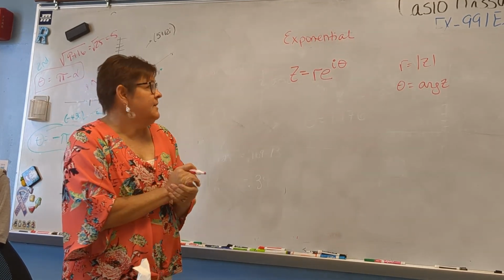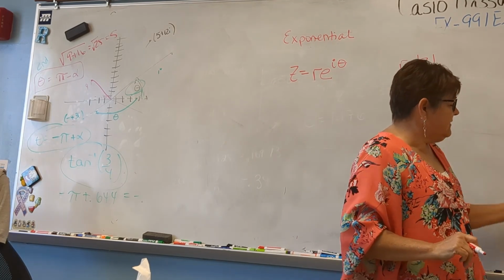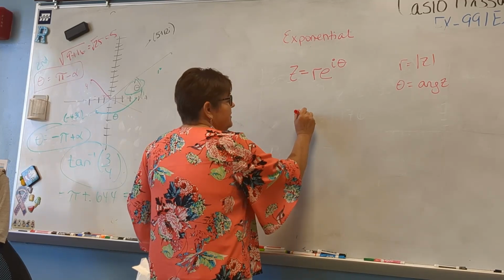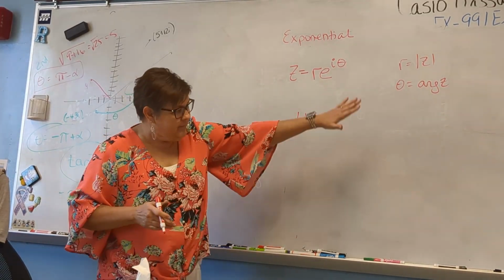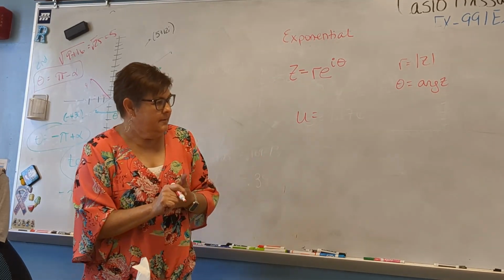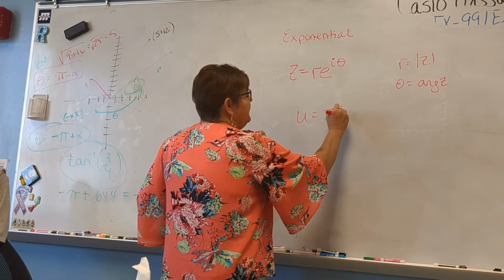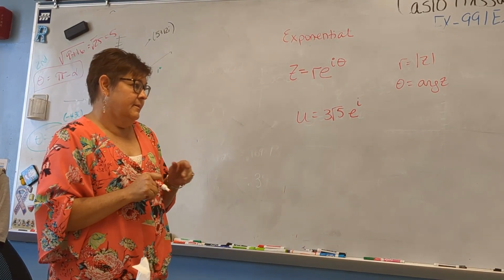So if I was asking you to put u, from complex, and you have now modulus argument, could you now make u into exponential? What is r in that first case scenario? Square root of 45, right, or 3 square root of 5. E to the I, and what is the theta in that case?